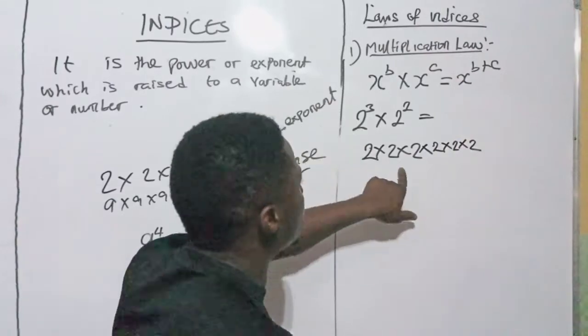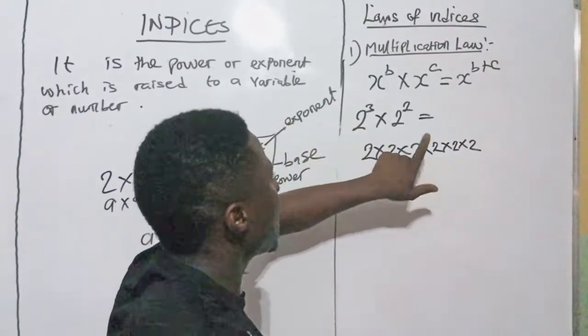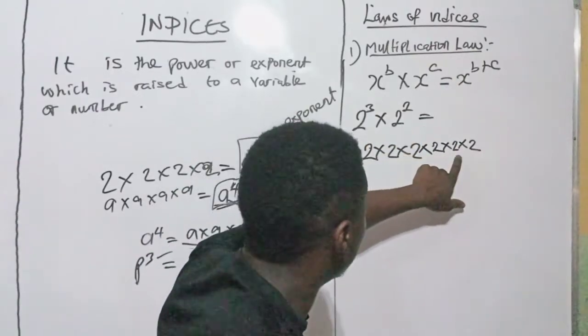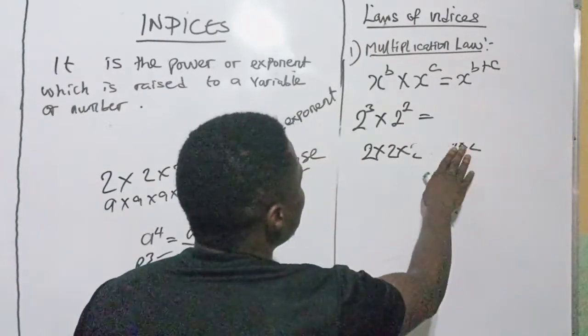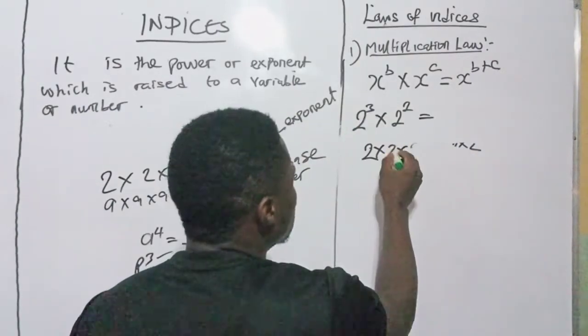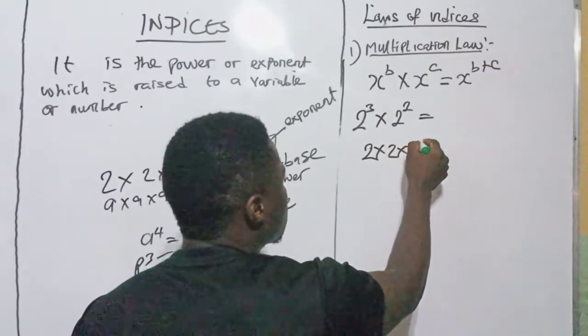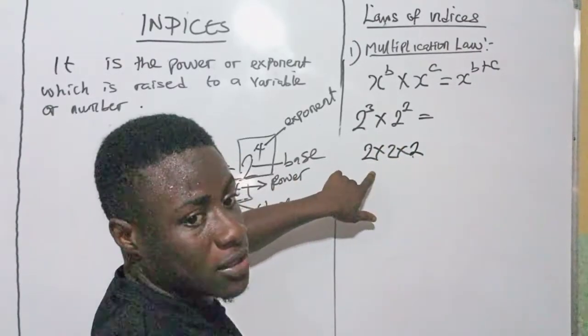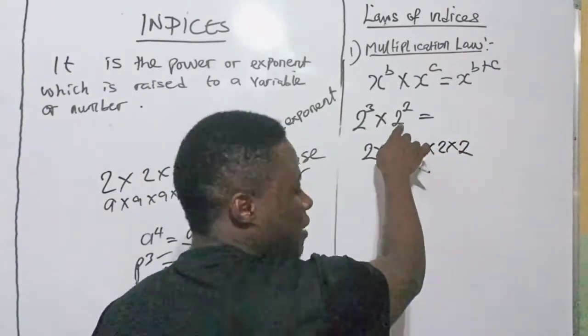So how many 2's do I have here? 1, 2, 3 for the first, 2 raised to power 3. And as well, 1, 2. So 2 is multiplying itself 3 times. So I have 2 times 2 times 2, right? Then multiplying 2 times 2, which is this.